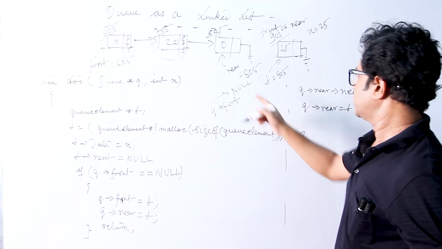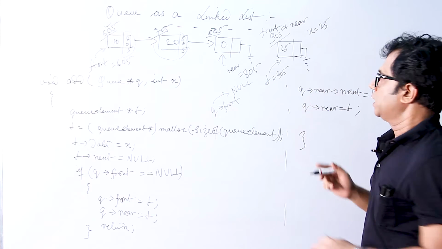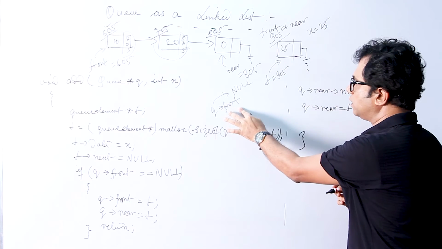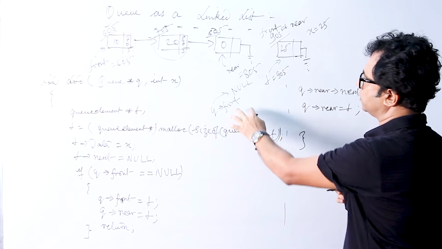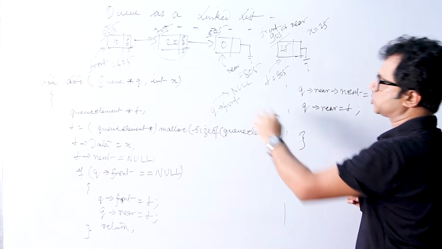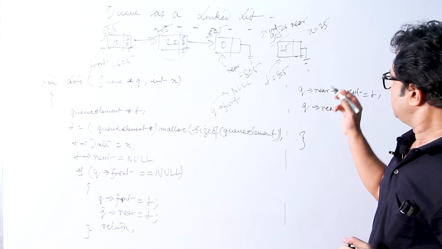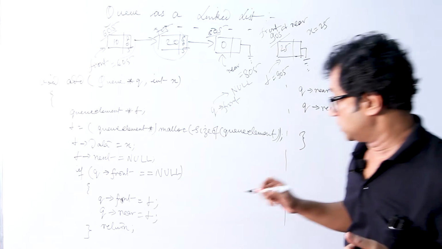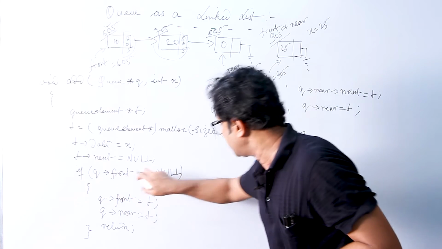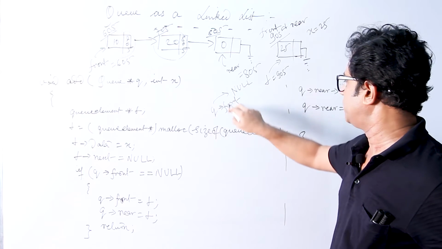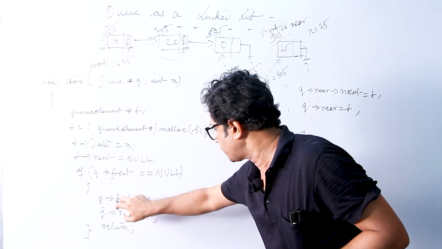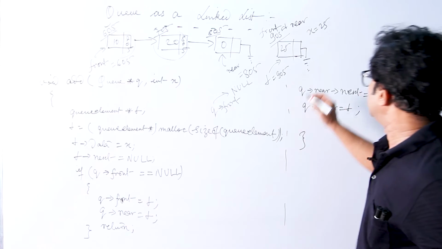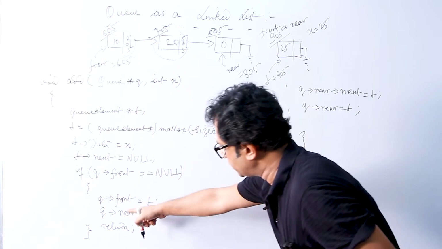So there is no existing queue now, and if we add a node to this situation, we have to do some necessary pointer operations for that specific case. So we have done that. If q front equals null, that is, the queue is empty at the beginning, then q front is equal to t and q rear is equal to t.